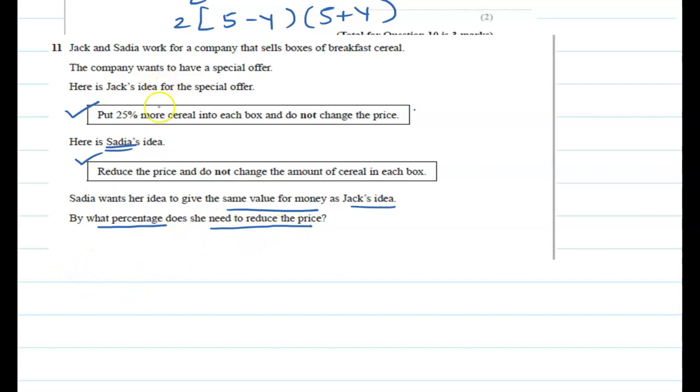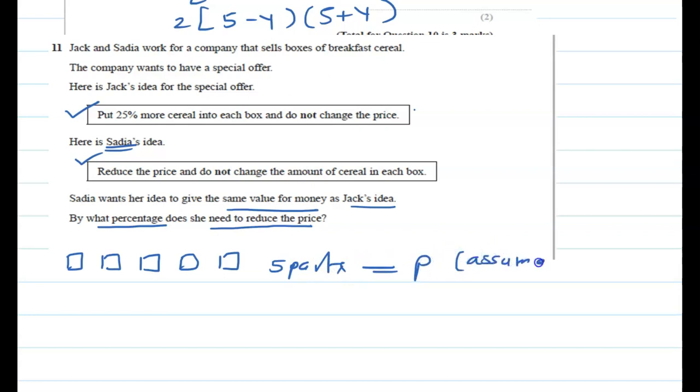Okay, so if there are 5 parts, right, 25% more cereal. So 1 part, 2 parts, 3 parts, 4 parts and 5 parts. Suppose 5 parts is equal to p, you can assume. Then one part will be p over 5.